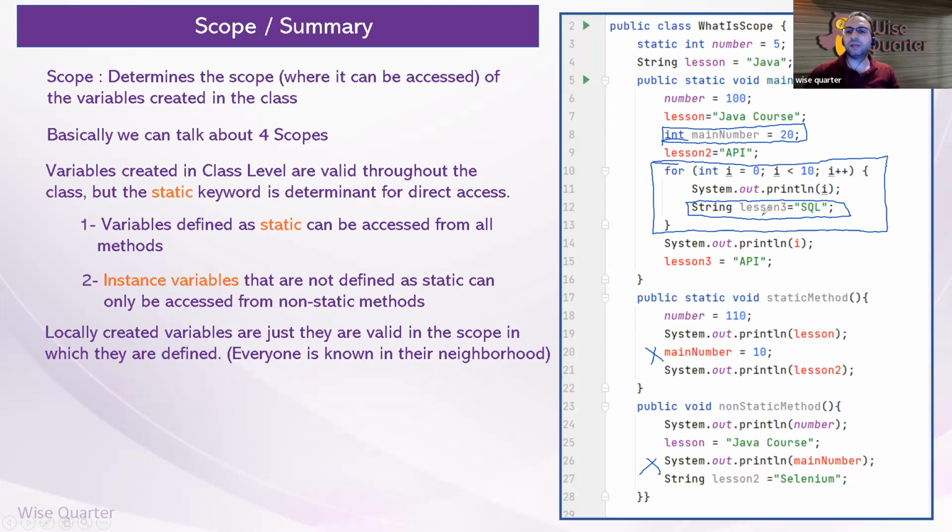This variable can be used in the for loop, nowhere else. Here, outside of the loop, when I try to use it, assign it to something else, the system won't be able to reach it. It will complain.